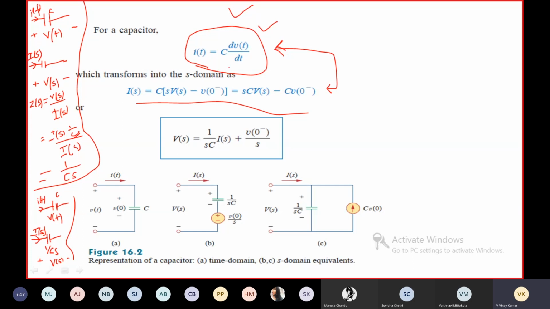You have to use the time differentiation property of Laplace. L of df by dt is equal to F of s minus f of 0 minus.